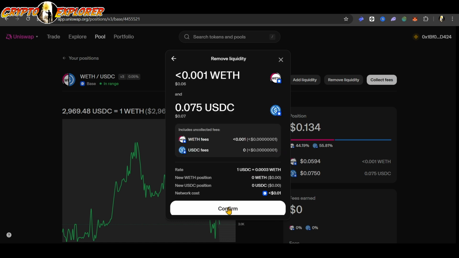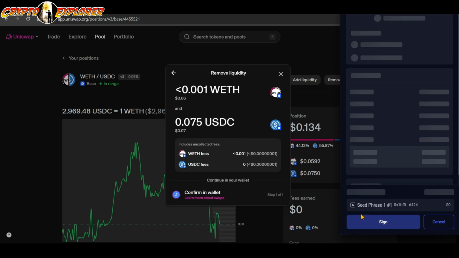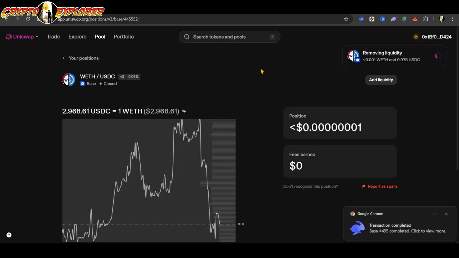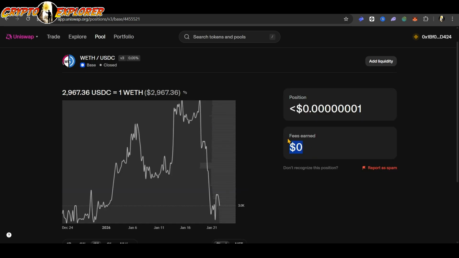So I'm going to go do that, review and confirm. Accept the transaction. So you see the transaction fee here, 0.004 cents of a dollar, literally fractions of cents. I'm going to confirm this. Liquidity removed, tokens are back into my wallet. If you have some fees that you earned here, they will also be automatically sent to your wallet when you do withdraw your liquidity, okay?